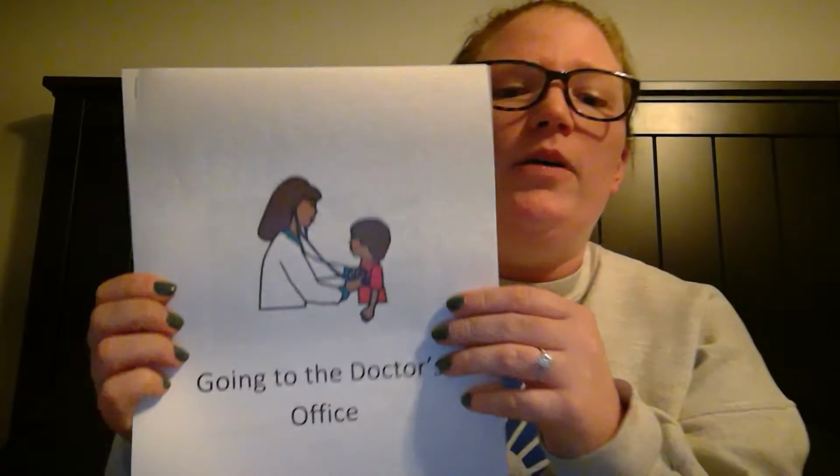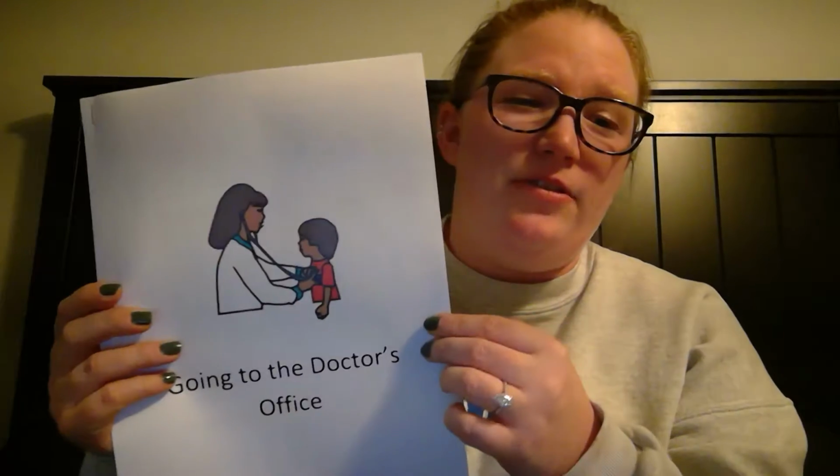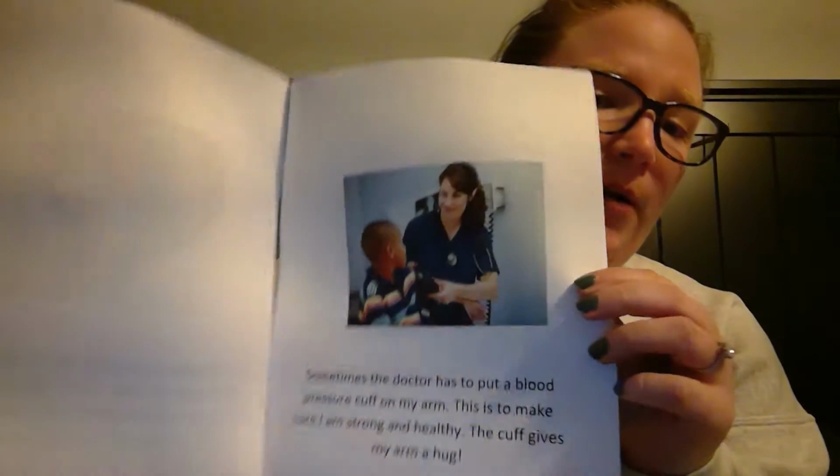And it's for a kiddo who has a little bit of a tough time going to the doctor's office. So it goes through, we'll read it, but it goes through the general kind of things that happen at the doctor's office. And then it kind of pays special attention to something that he has a specific issue with, which is the blood pressure cuff.